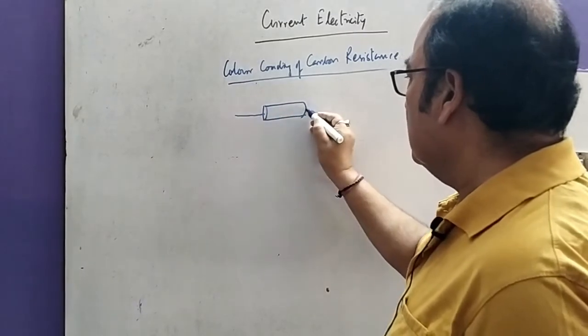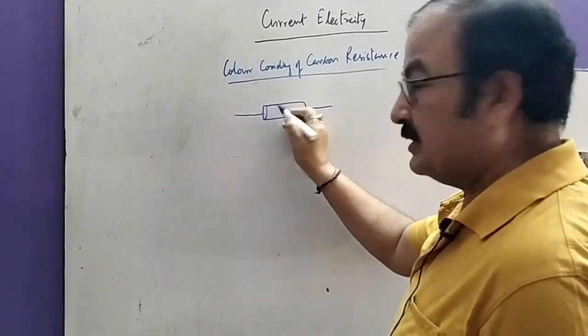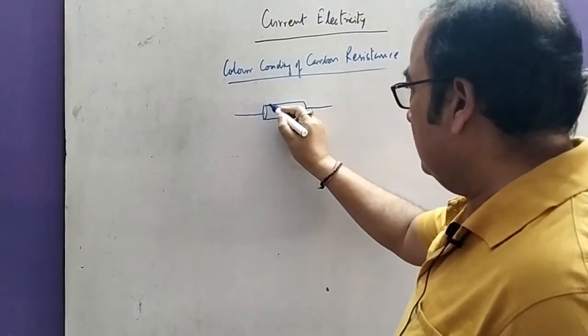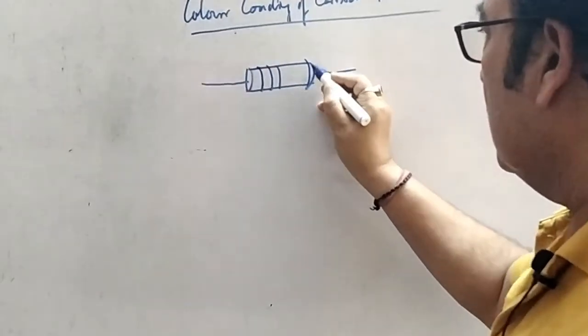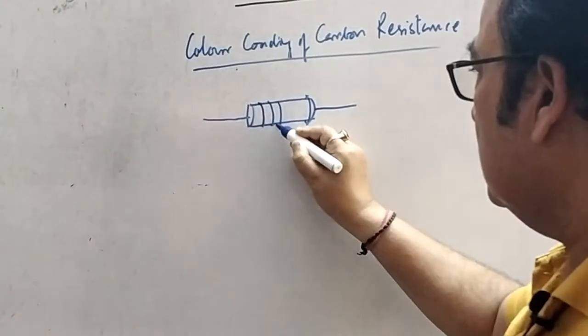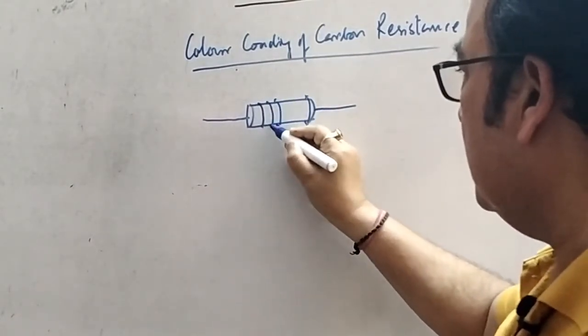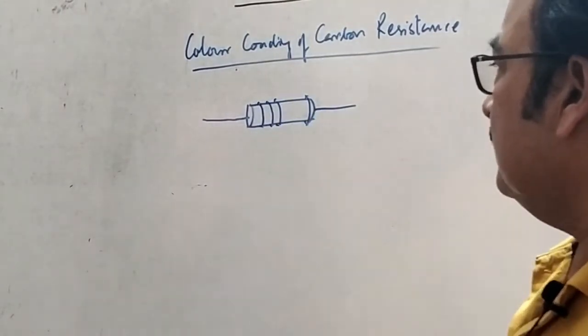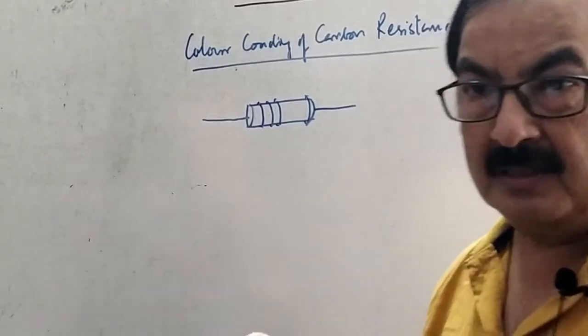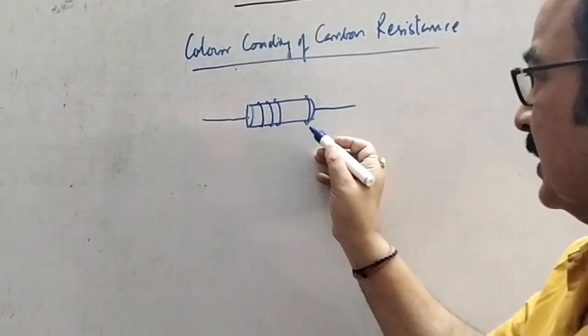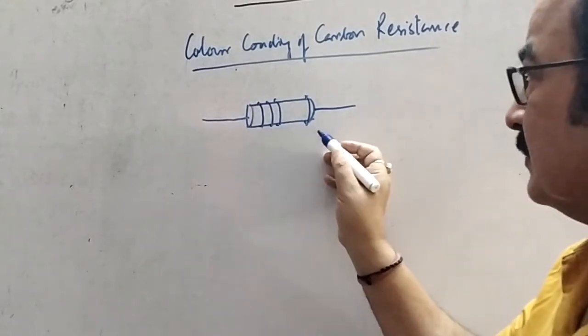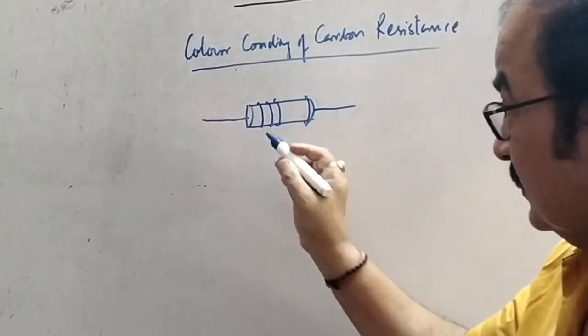This is the resistance wire, and on this the plastic jacket is there. It always has 4 rings. The first 3 rings are together and the last one is slightly away. Sometimes it has only 3 rings, and in most of the cases, it has 4 rings. Okay.